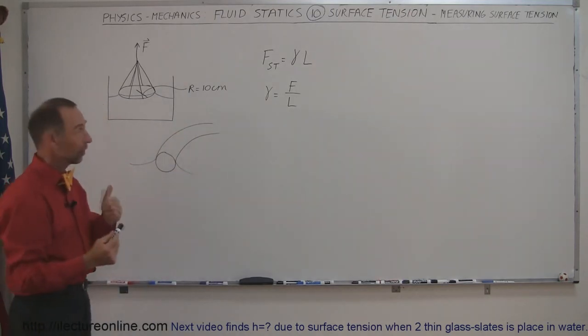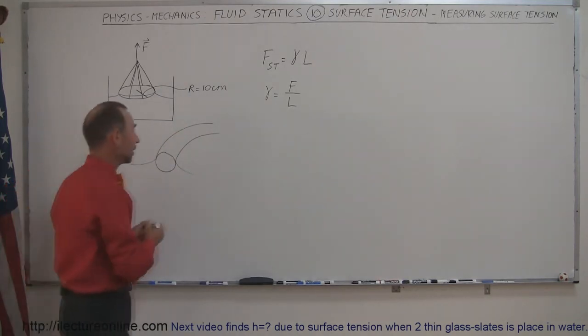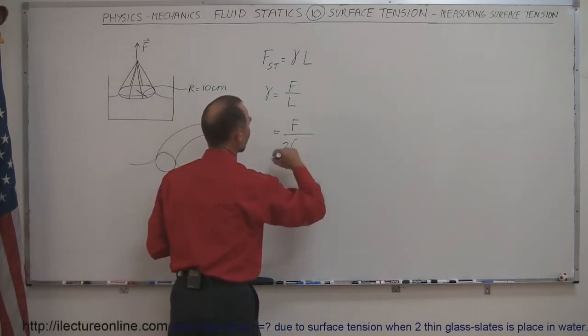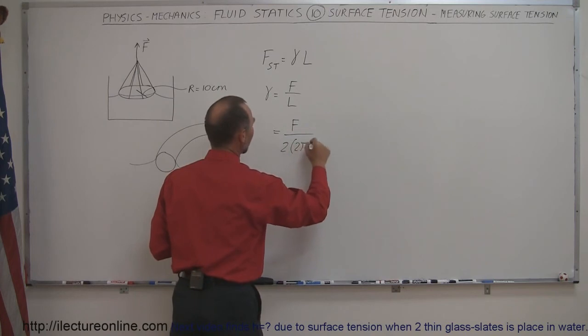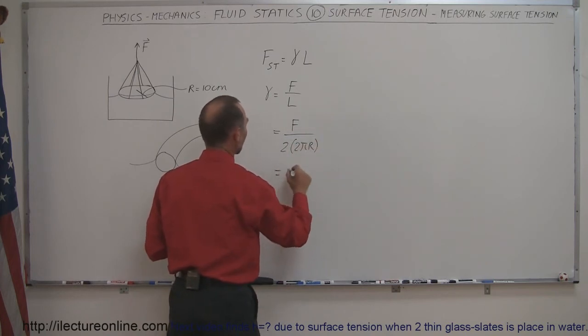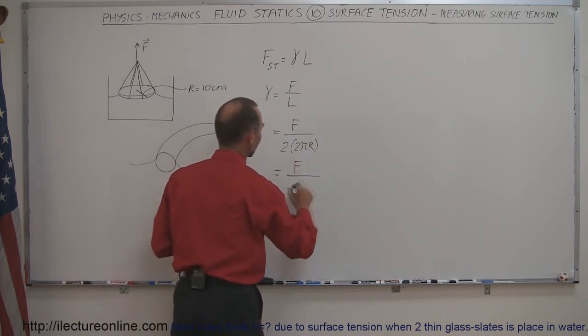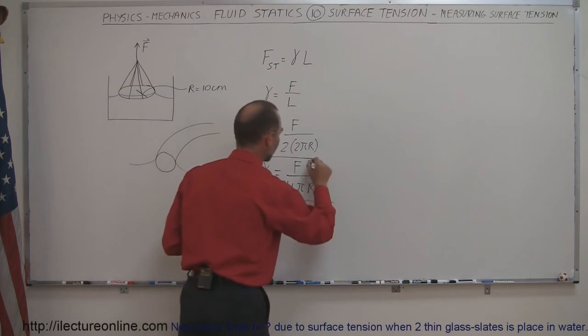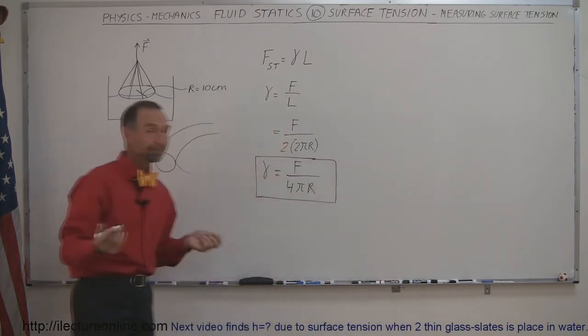So it's twice the circumference, twice 2 pi r. So this is equal to the force divided by 2 times the circumference, which is 2 pi r, which means that the surface tension can be calculated by taking the force divided by 4 pi r. And that's how they determine the surface tension of various liquids.